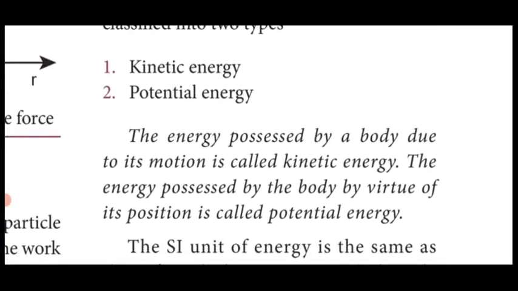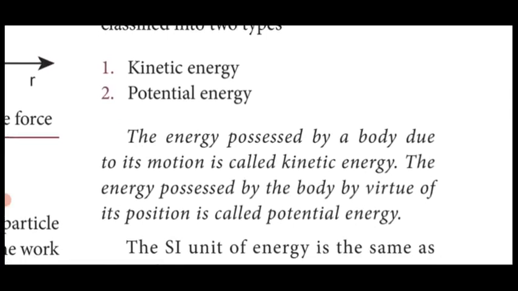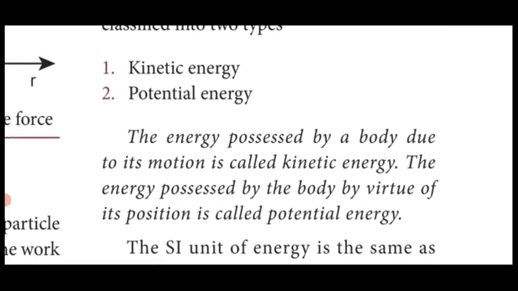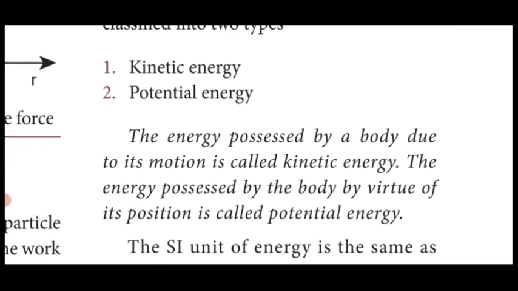Otherwise, the body possesses energy by its position, where it is, and that is potential energy. So kinetic energy is the energy possessed by a body due to its motion, and the energy possessed by a body by virtue of its position is called potential energy.